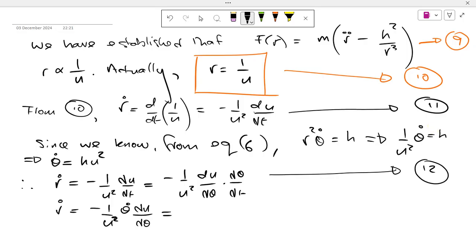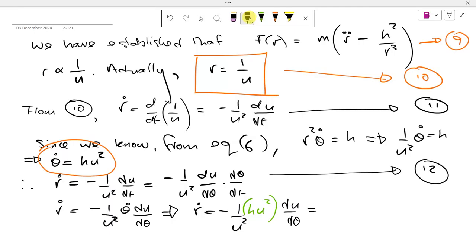And we know what theta dot is because I've just highlighted it here. Theta dot is equal to h u squared. So we've got r dot is equal to minus 1 over u squared times theta dot, times h u squared, times du by d theta, right?